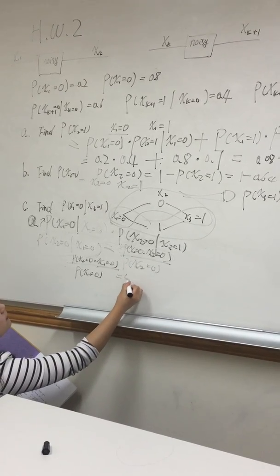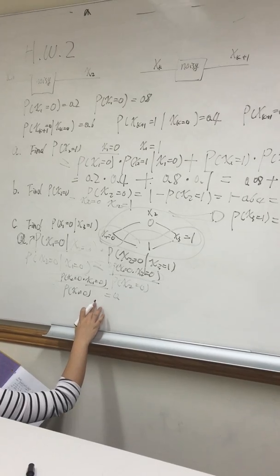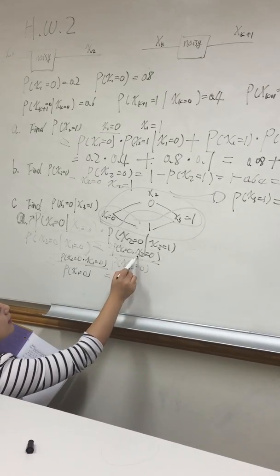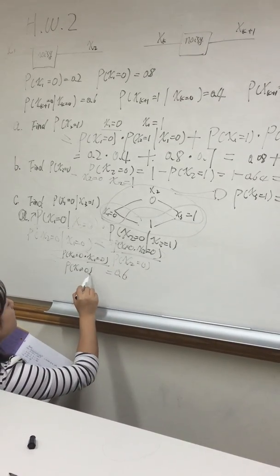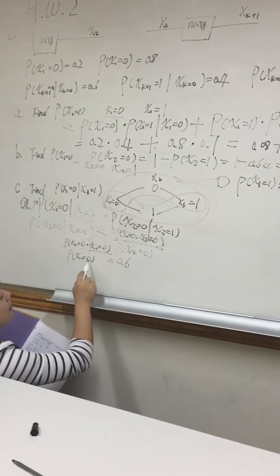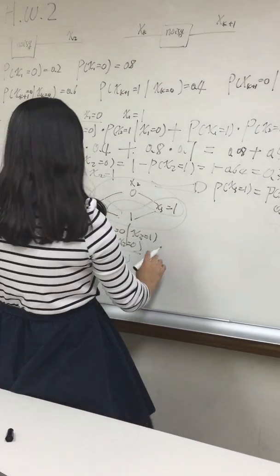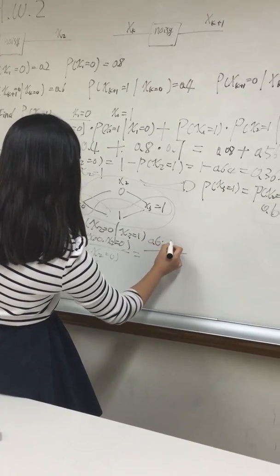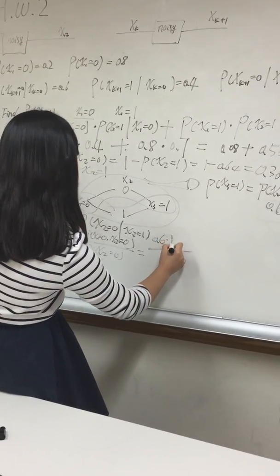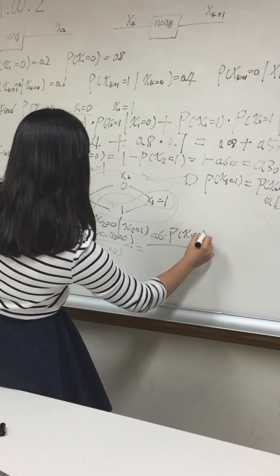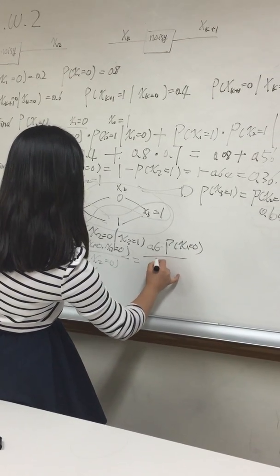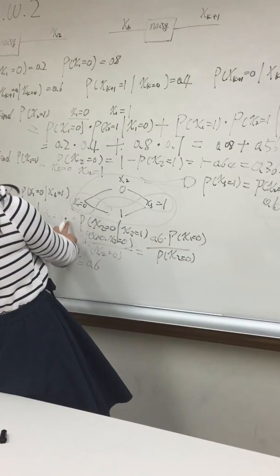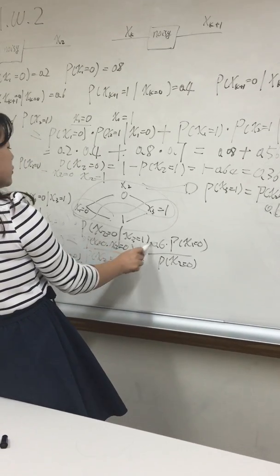The answer is given in the condition, and it equals 0.6. So we can express it as 0.6 times the probability x1 equals 0, which gives the probability x1 equals 0 and x2 equals 0, and that is what we need first.